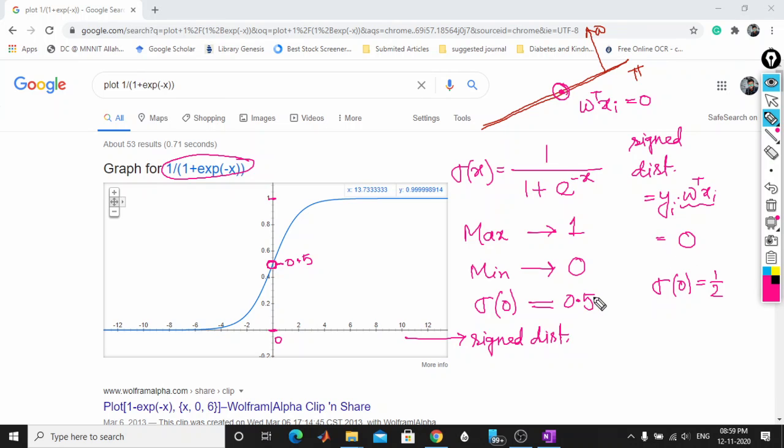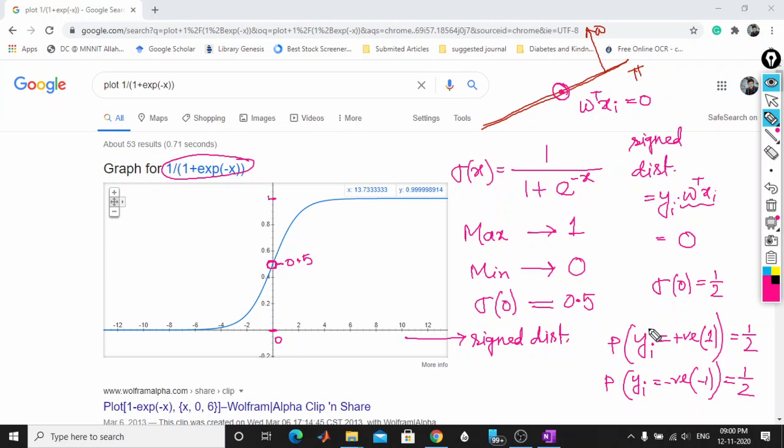Okay. So the probability of our point being positive, or labeled 1, is equal to half. Similarly, the probability of yi being negative, or labeled -1, is equal to half.